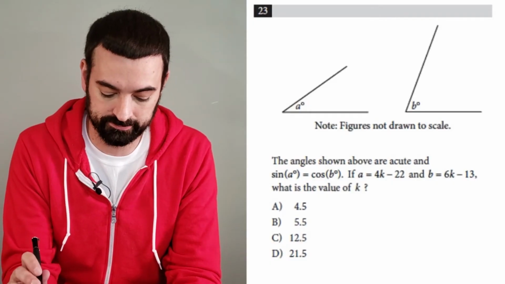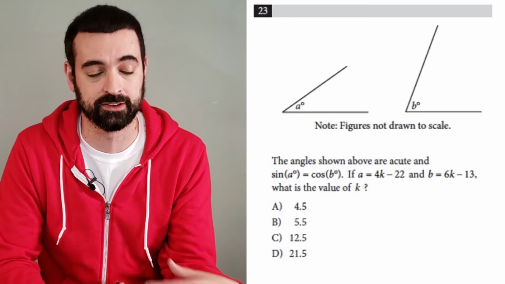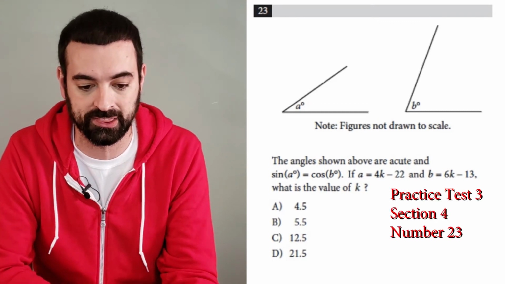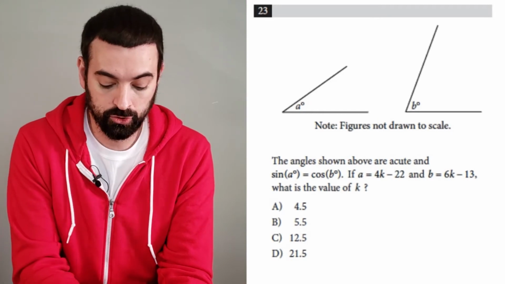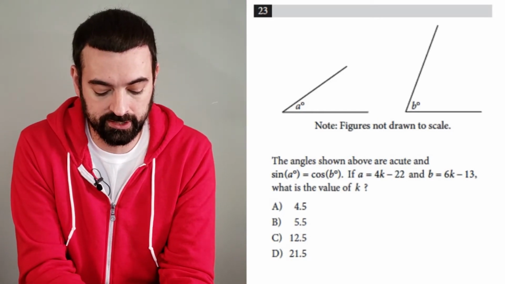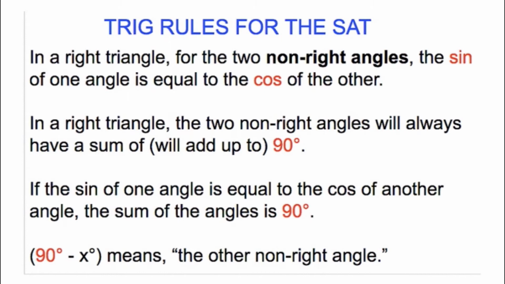Let's do another one. This one, students are not sure if they're right angles. They don't know how to approach question 23, test 3, section 4. But we are given this information. Sine of A equals cosine of B. Remember from my earlier information that if the sine of one angle is equal to the cosine of another angle, the sum of the angles must be 90 degrees.